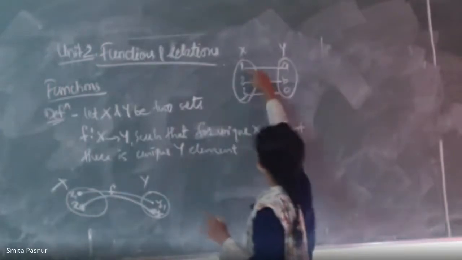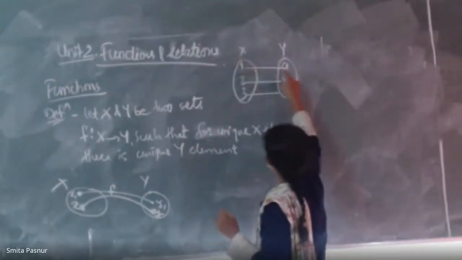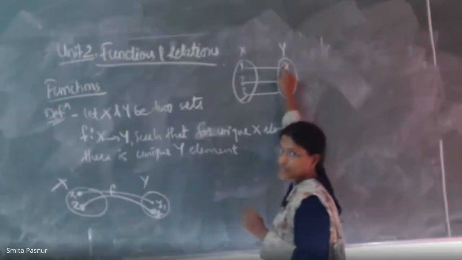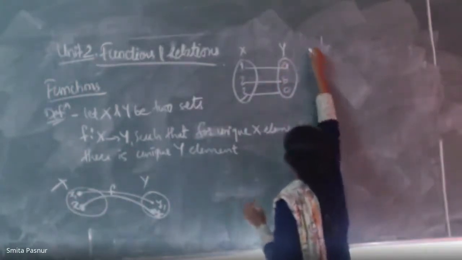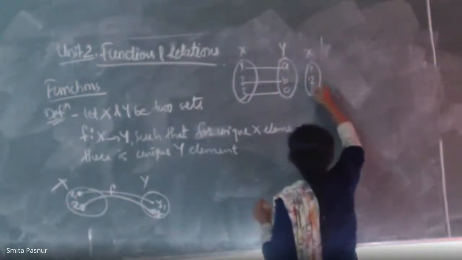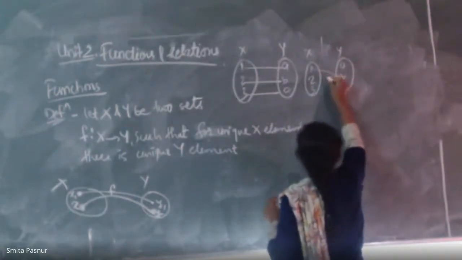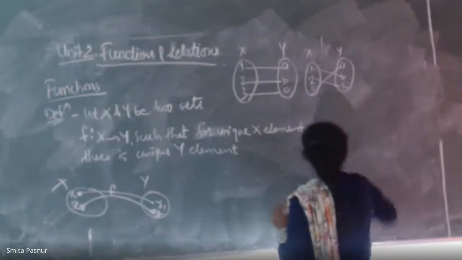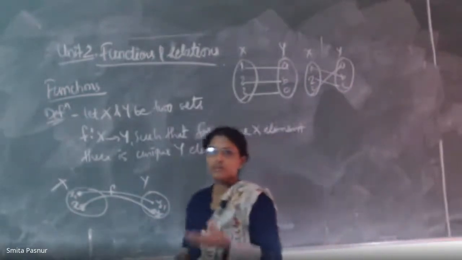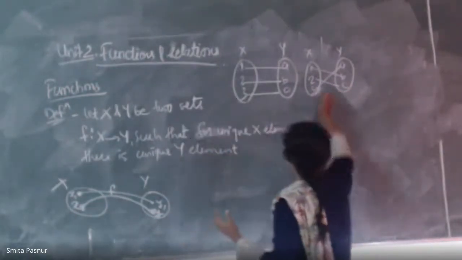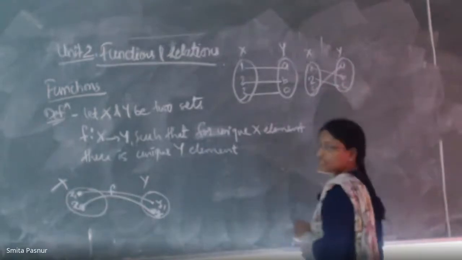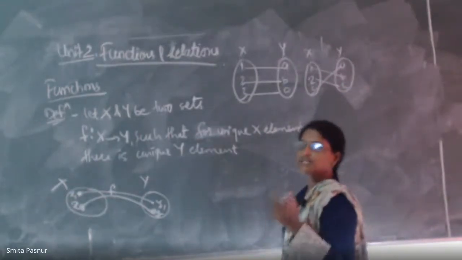The unique x element 1 is mapped to a unique y element. Or I can also show it like this. This is also fine because each unique element is connected to a unique y. So this is a function.